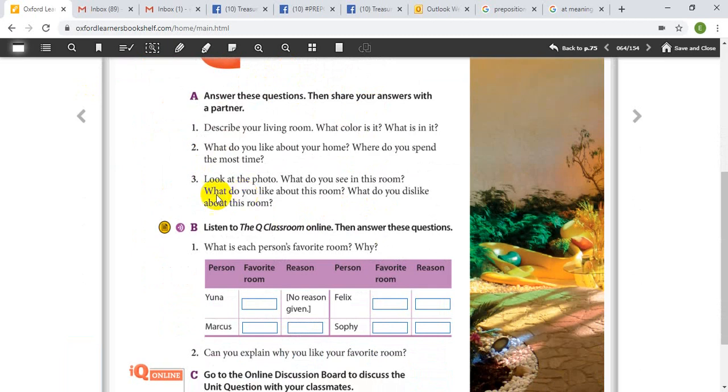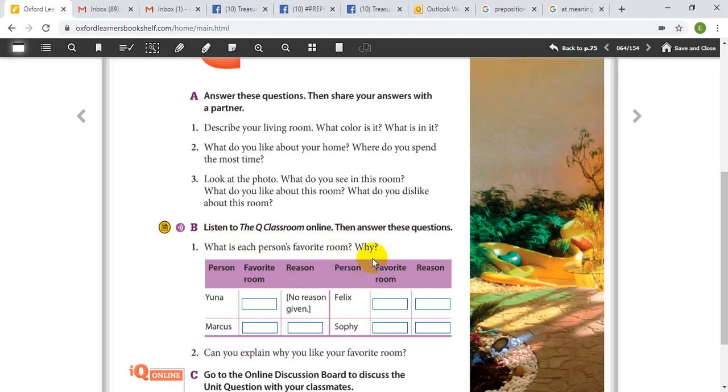Okay, exercise B. Listen to the Q Classroom online and then answer these questions. So now I'm going to play this audio, and you're going to listen to 4 people: Yuna, Marcus, Felix, and Sophie. And each person is going to describe their favorite room and why.